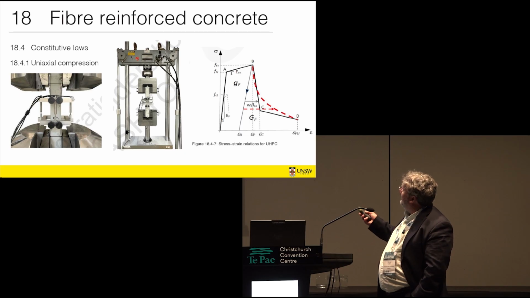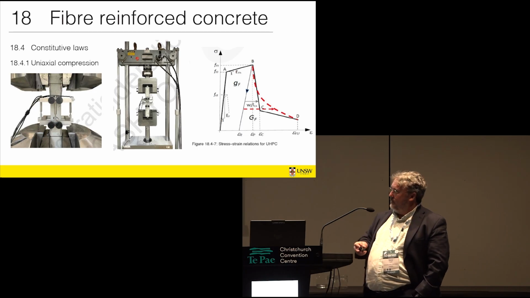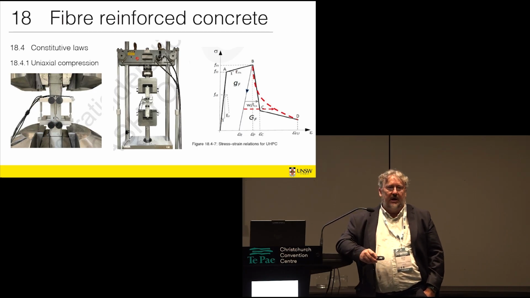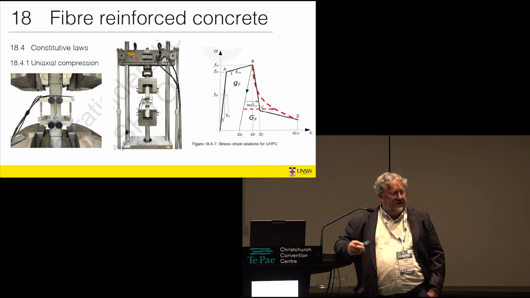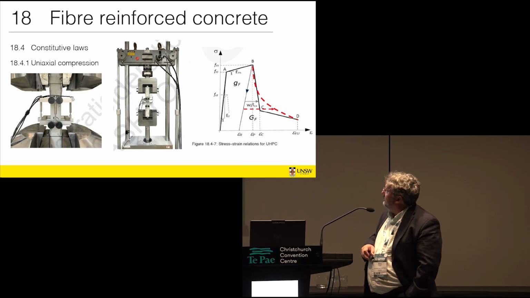Essentially, it's defined the same as what we have in the model code. You have an elastic branch, a hardening branch, and then a softening branch. The strain value at that point will vary. The model code talks about 0.1%. The Canadians use 0.2%, so it's what the material can actually achieve.